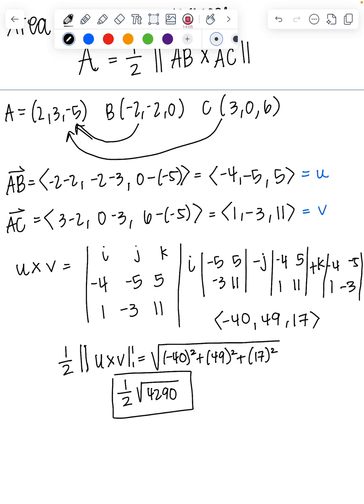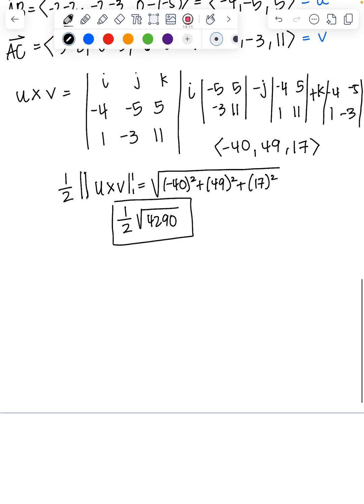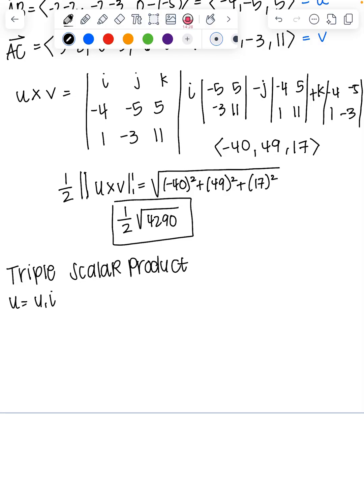All right, now we are going to talk about the triple scalar product, and then we will essentially be done. Okay, you have the triple scalar product given U is equal to U1I plus U2J plus U3K.